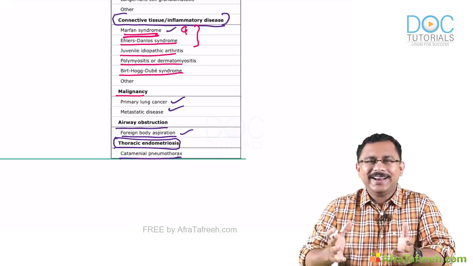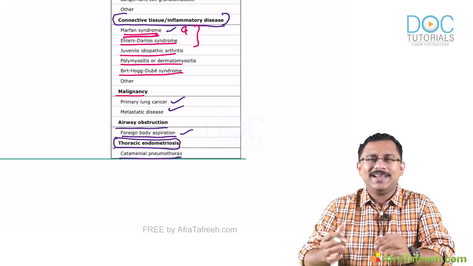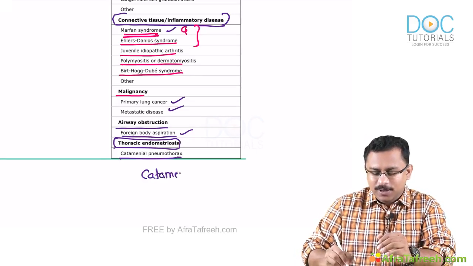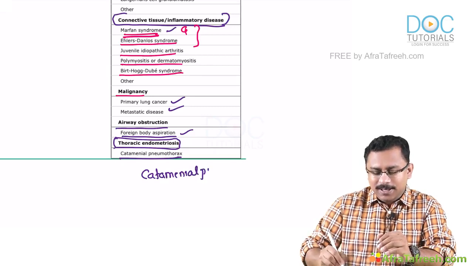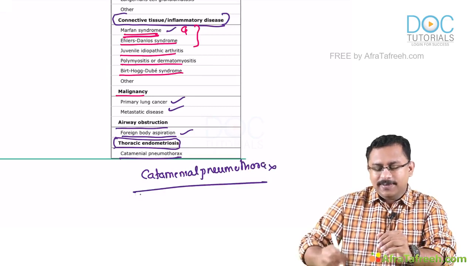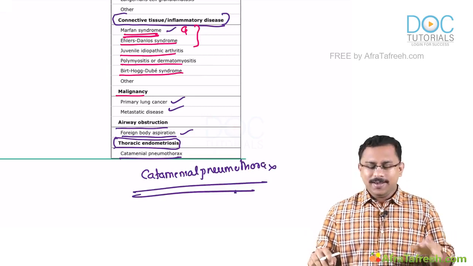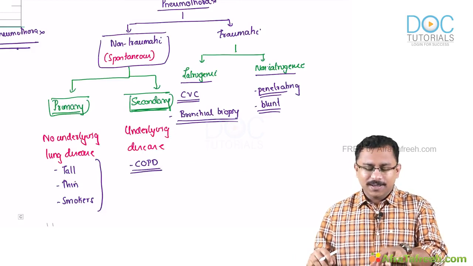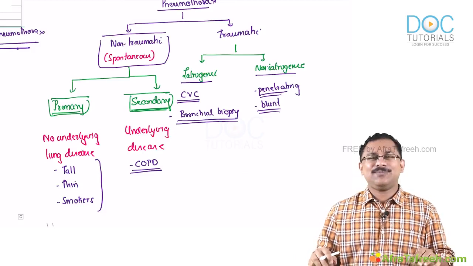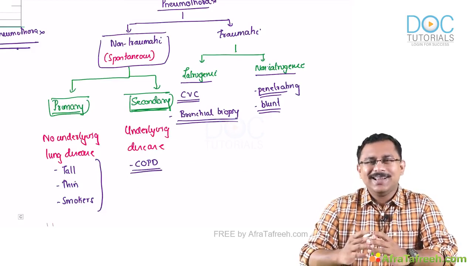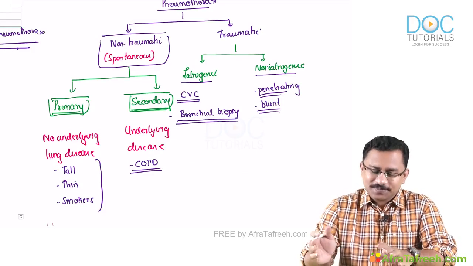So that again is related indirectly to the hormonal imbalances, and such a pneumothorax is what you call a catamenial pneumothorax. Catamenial pneumothorax. This again is very, very important. Alright, so these are the causes of the pneumothorax, very important ones that you should know of. Okay, you might be asked clinical scenarios based on this.